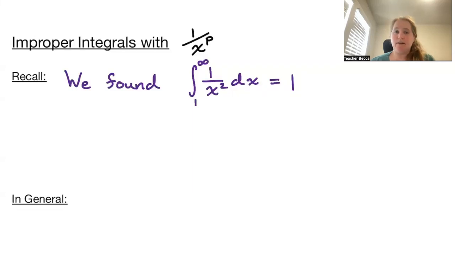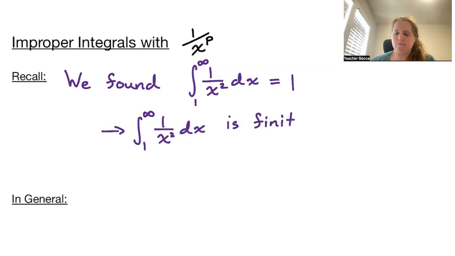And so we had that the integral from 1 to infinity of 1 over x squared dx is finite. Right?